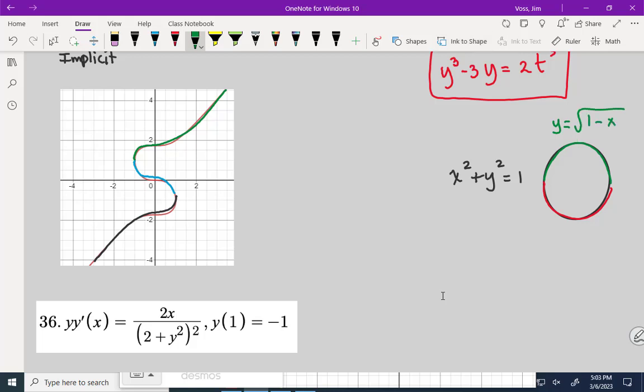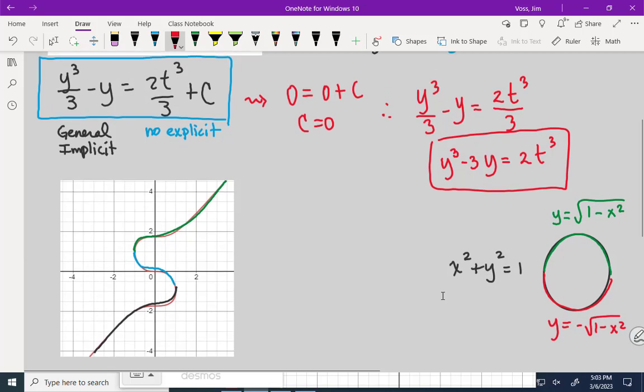You can do this kind of thing, right? So here you can find explicit representations for each of the implicit functions. Here we are not going to be able to find the green function, the blue function, and the black function. There's no way we can peel this apart and get a y equals for each one of those.